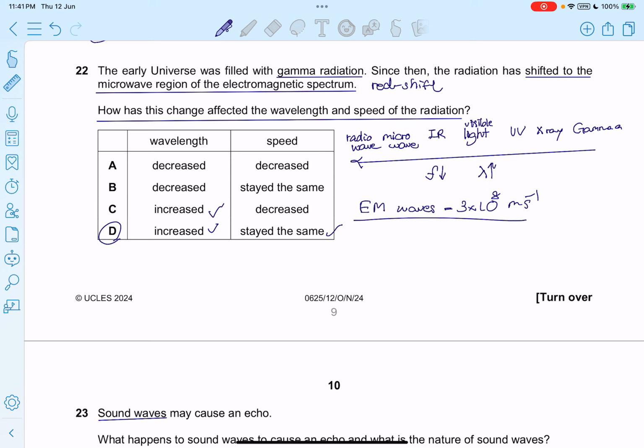So this does not change no matter which part of the spectrum you're in, whether you're in gamma, radio, IR. The speed of the EM wave is the same. So that's another way to remember it. So 22 is D.